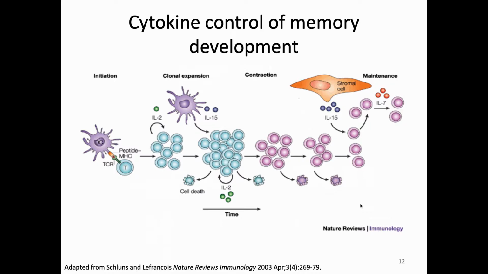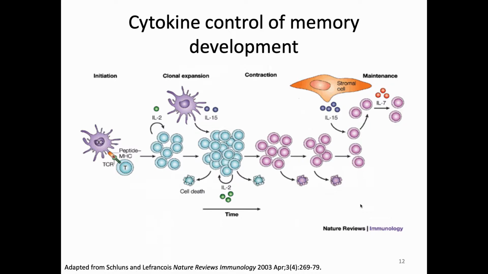One thing that's sort of interesting is that all of the cytokines shown here, IL-2, IL-15, and IL-7, are members of the same family of cytokines. They're all members of that common gamma chain family that I told you about before, the IL-2 family. So they all have a common receptor chain, the gamma chain, as well as additional cytokines.